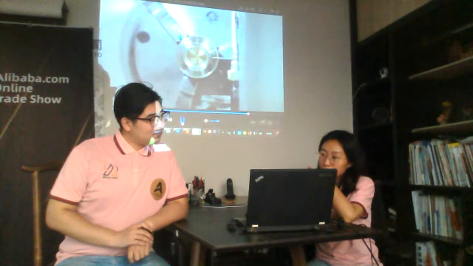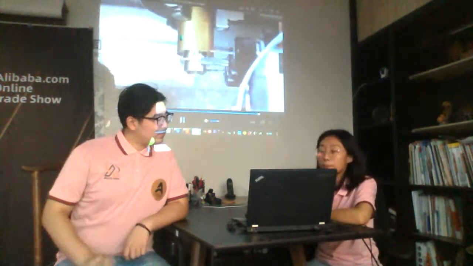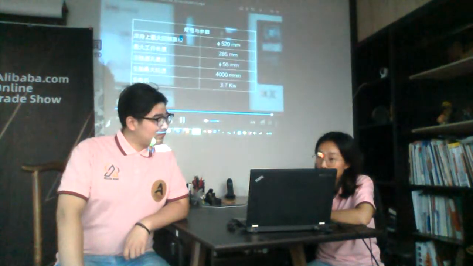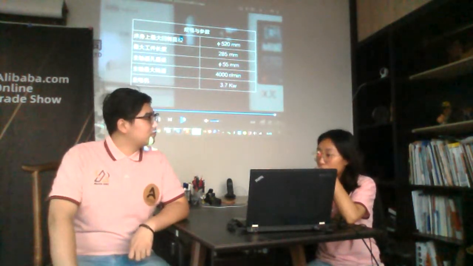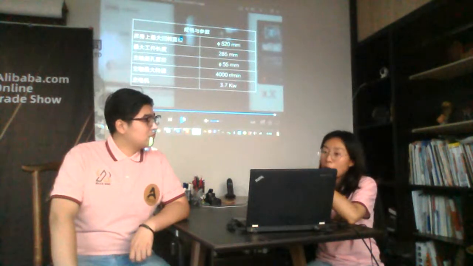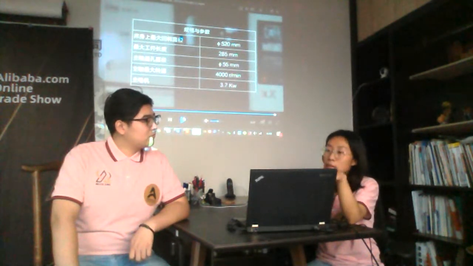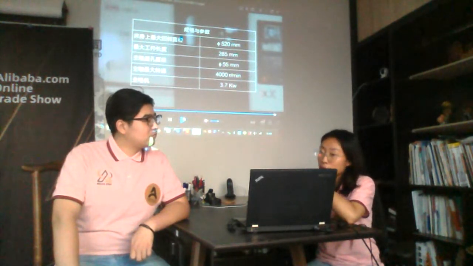And this machine is turning the workpiece, and it's turning the inner pipe. And we can see the machine is turning the workpiece into a square shape, and we can see the parameters of this machine.